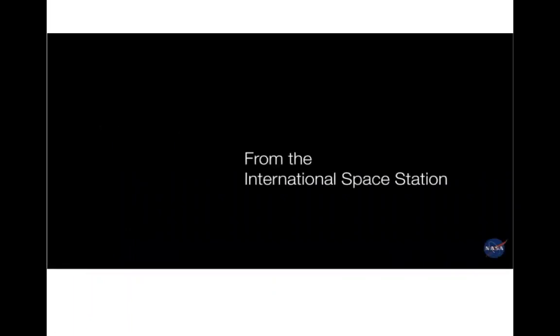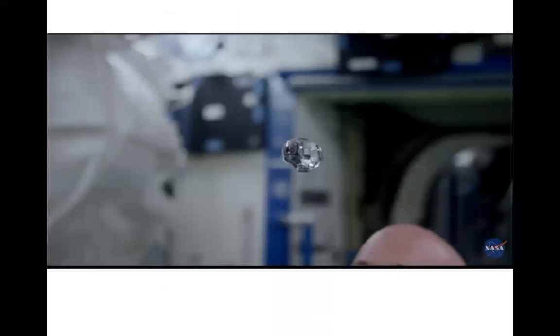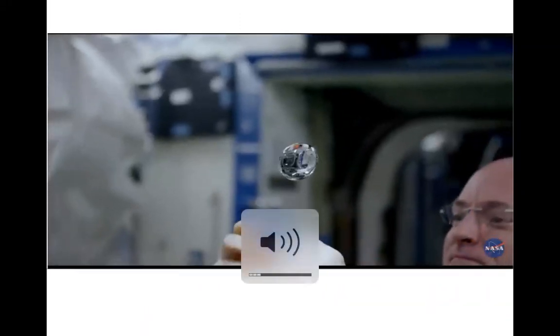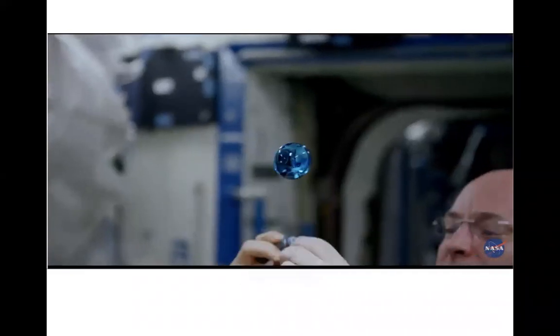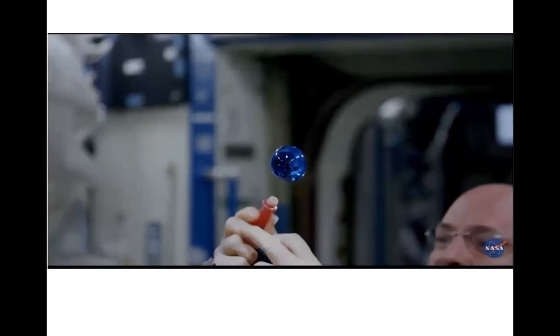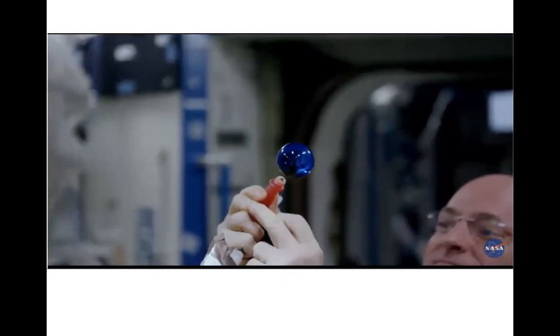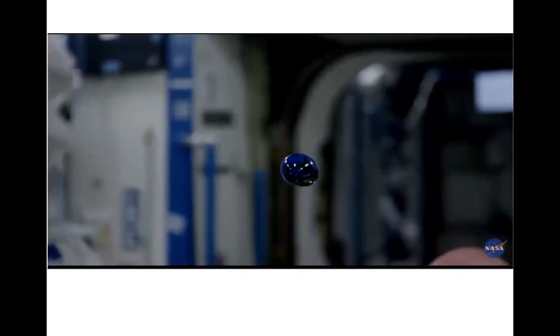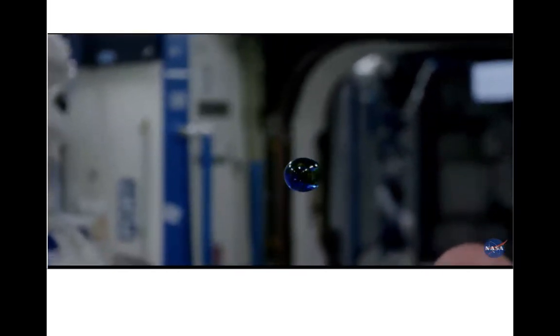Now, I shared this video. There's quite a few examples of folks within the space station when they're looking for things to do. In this case, it's the astronaut taking the ball of liquid, and instead of it all flowing, notice how the surface tension brings it all together because there's no gravity opposing it to flatten it out.